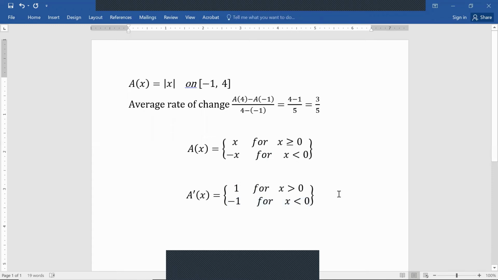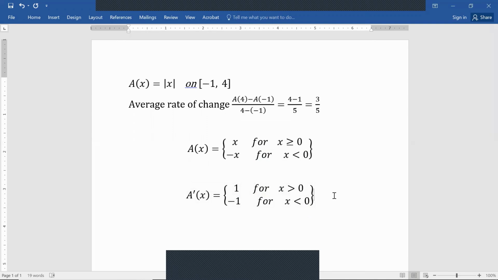And at 0, the derivative does not exist. I'll just write it that way. So is there ever a point that the derivative could possibly equal 3/5? No, because my derivatives can only equal 1 or -1 as real numbers.